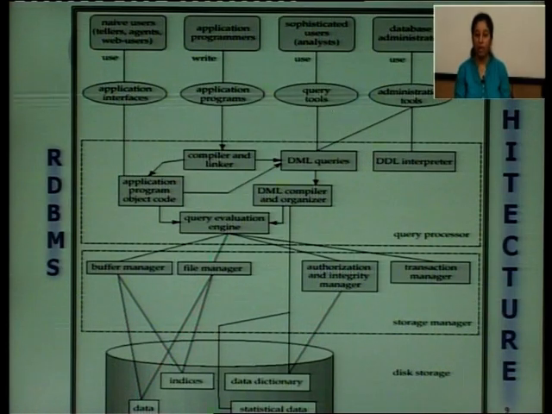The first, naive users, use the application interface. Second, application programmers, who write the application programs. And the next is sophisticated users, who analyze data and use query tools. And the next is the database administrator, who uses administration tools.